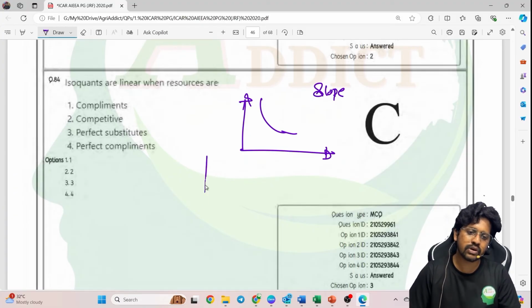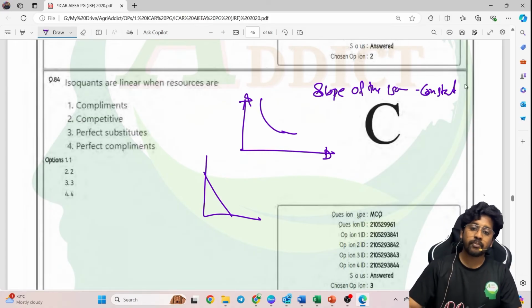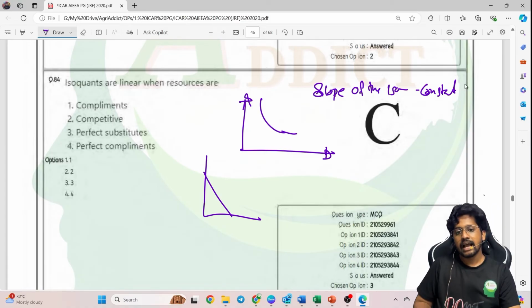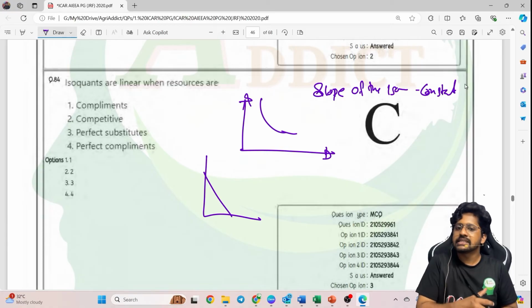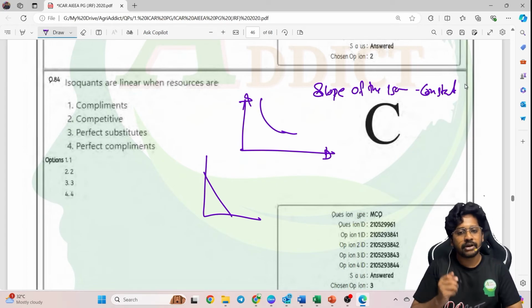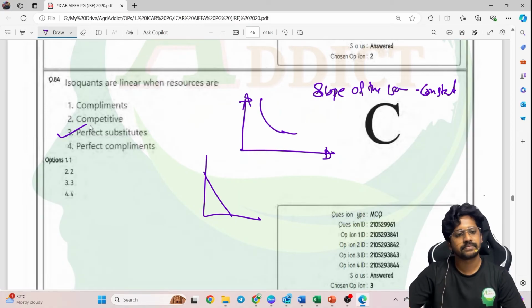The slope of the isoquant at any point will be a constant, right? If the slope of the isoquant at any point is constant, we can say that one resource can be substituted constantly for another resource, right? So therefore we can say that they will be perfect substitutes. So option 3 will be the correct answer.